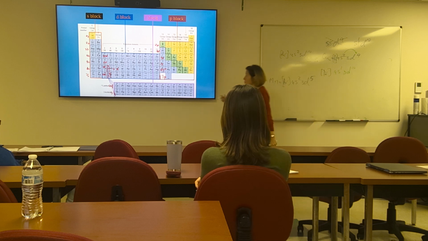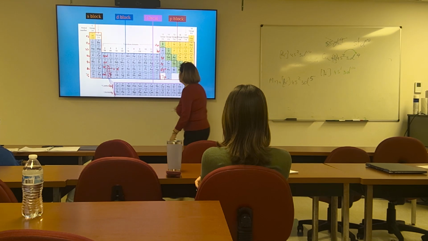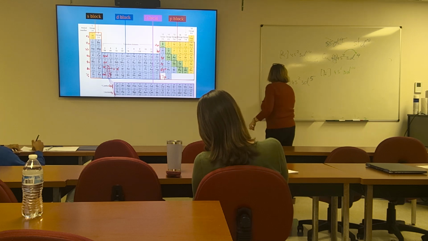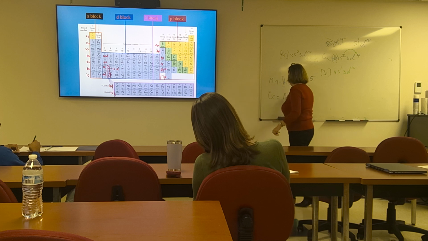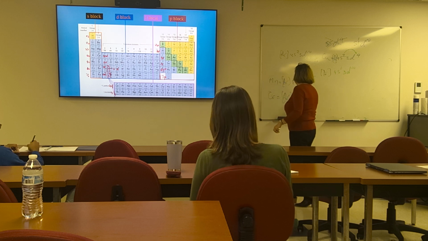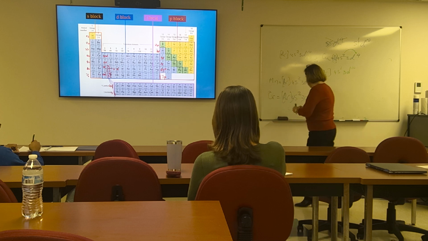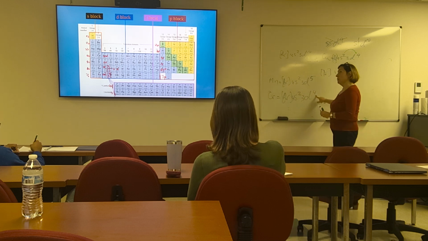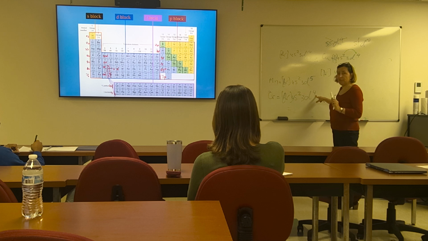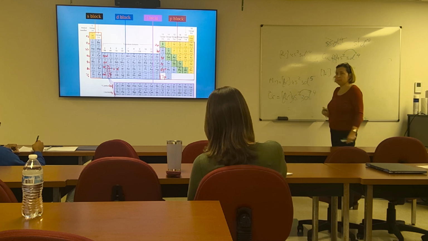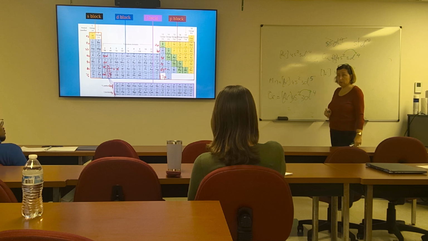What about chromium? It's argon, 4s2 3d4. 3d4 is so close to a 3d5 that this situation with switching an electron from the s to the d orbital will start again.